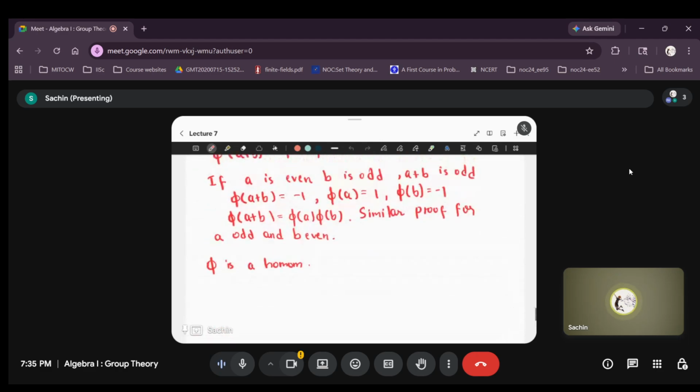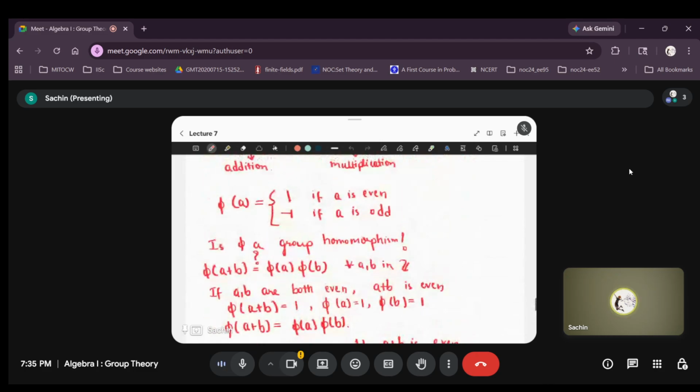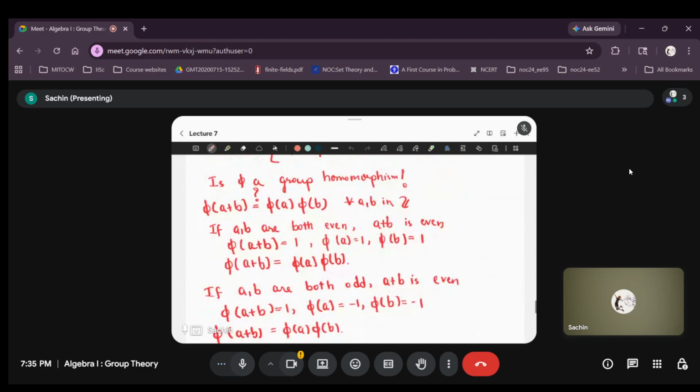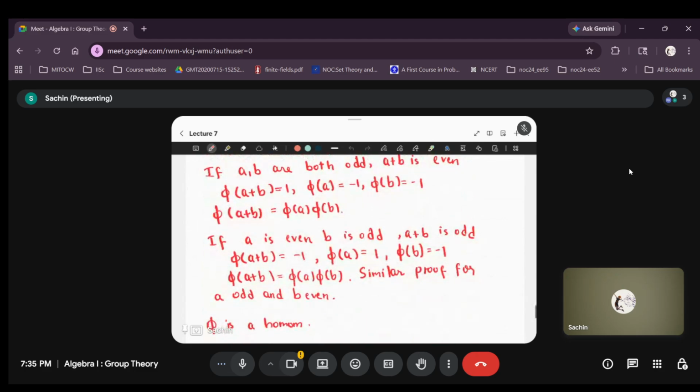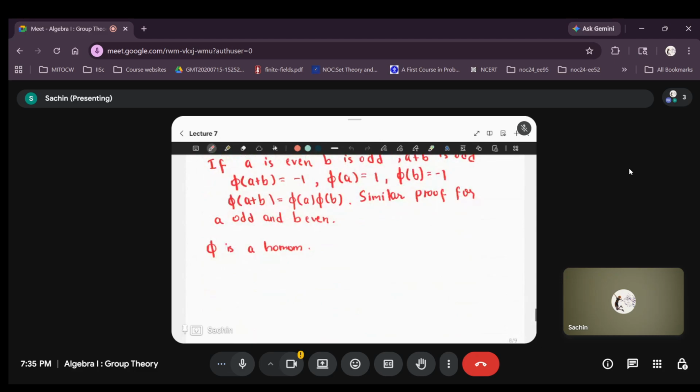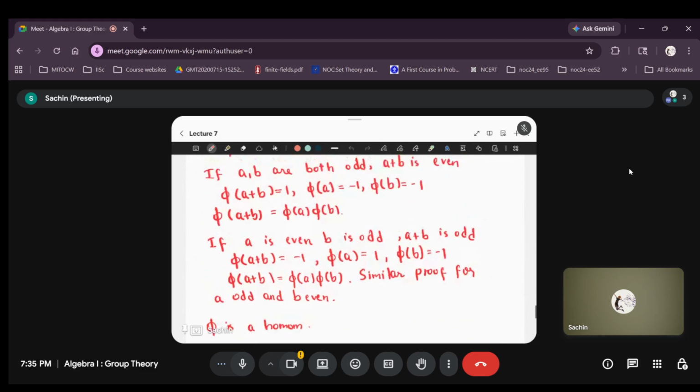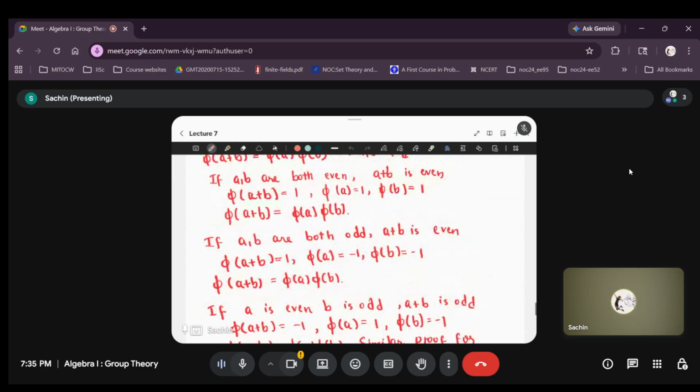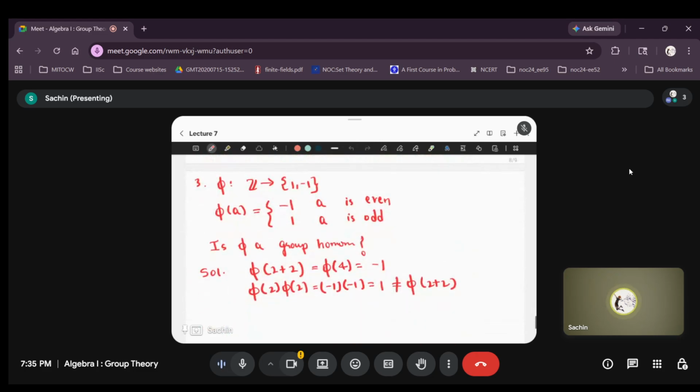Sorry, it does happen here... Sorry. 0 is the identity element in Z, not 1, because Z is a group under addition.